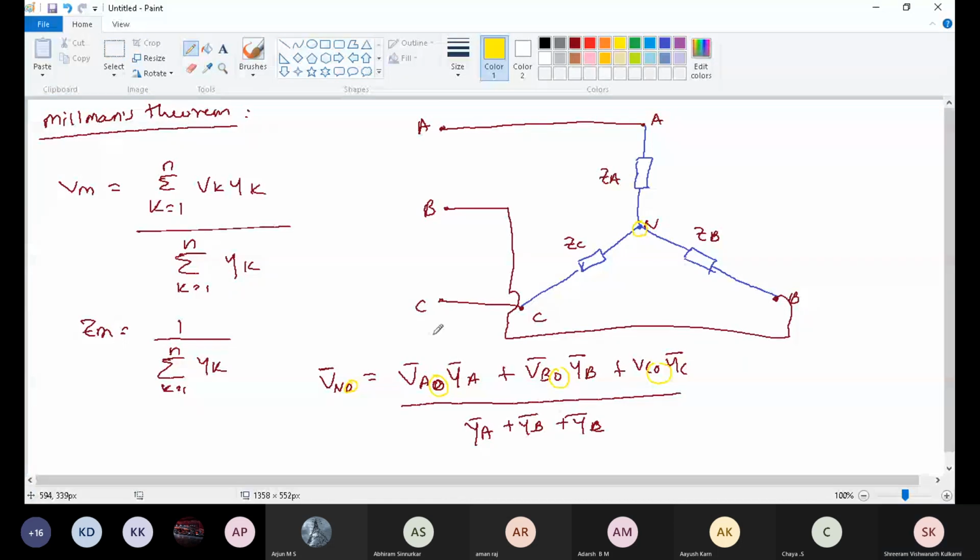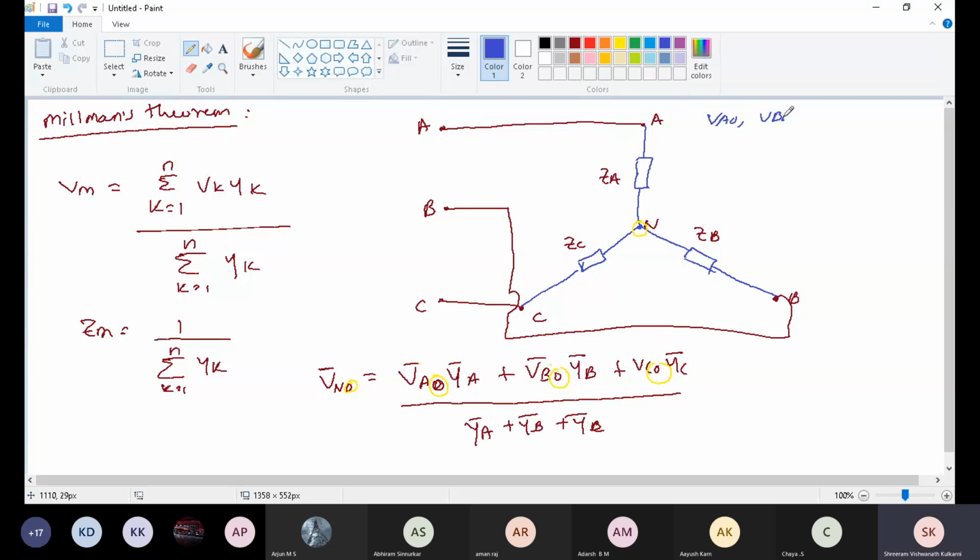Here VAO, VBO, VCO are the voltages with respect to the supply neutral, that is, the phase voltages.